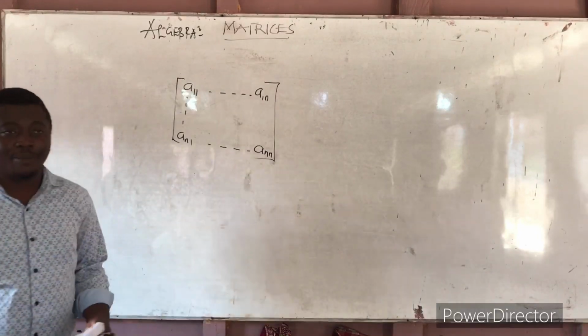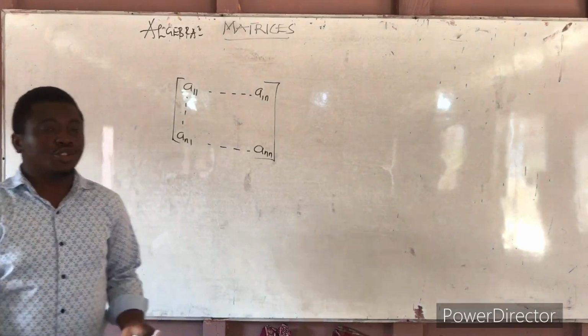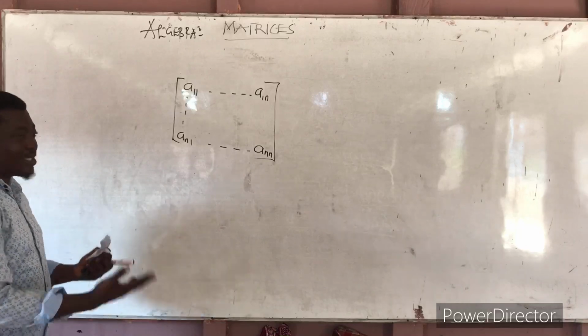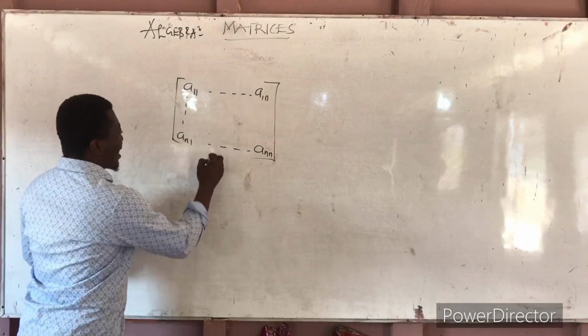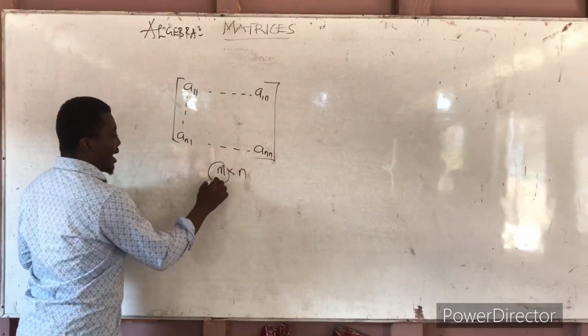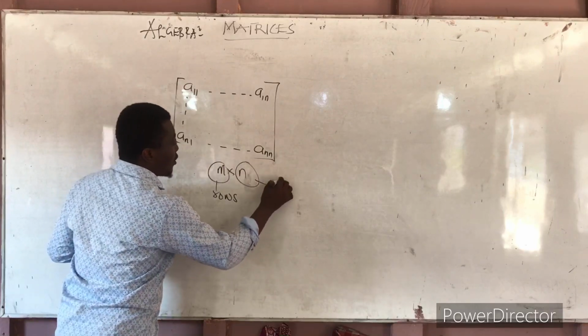So we have types of matrix. You have 2 by 1 matrix, 2 by 2 matrix. Why am I using 2 by something or something by something? Matrix basically comes in this form, m by n, where m stands for rows and n stands for columns.